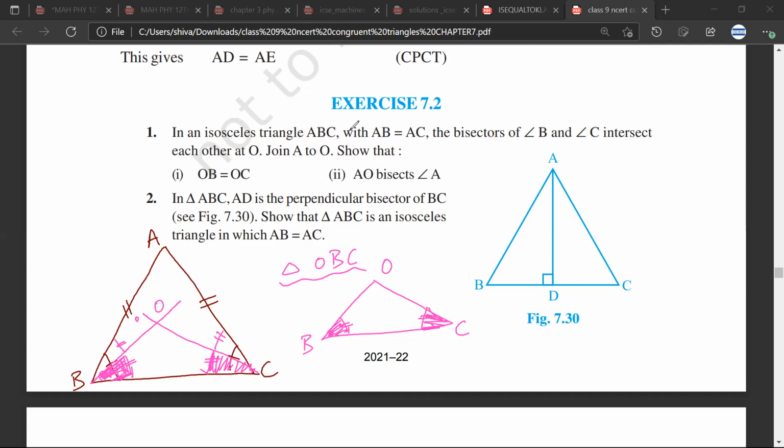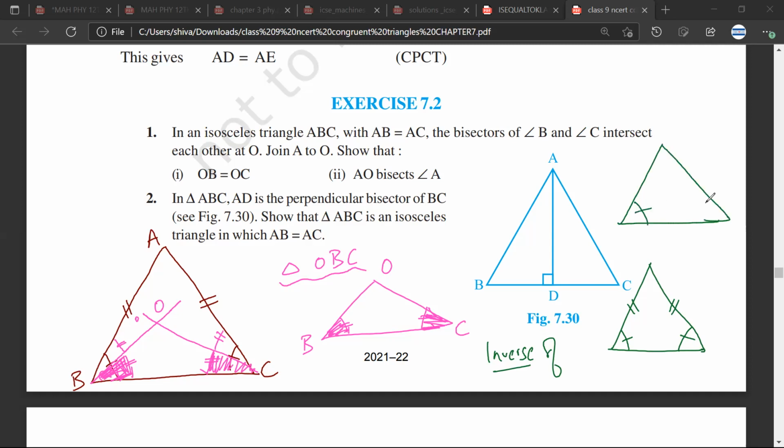Yes, sir. And if I take the inverse of what I had proved, in an isosceles triangle, what I had proved was that if this side is equal to this side, then this angle would be equal to this angle. Now what I am saying is that even the inverse is true. What is the inverse?